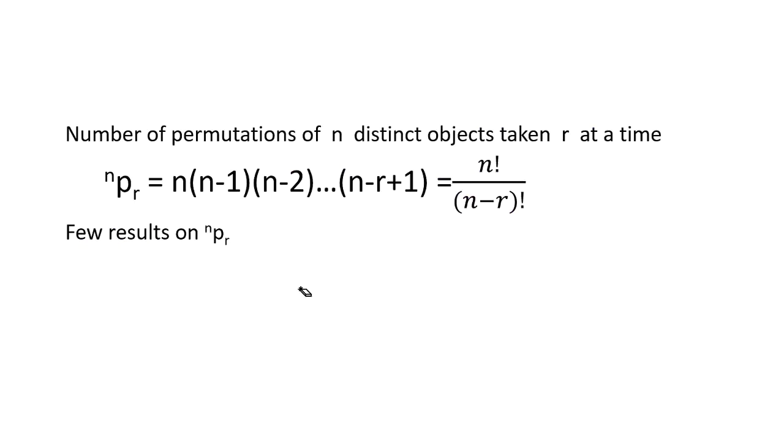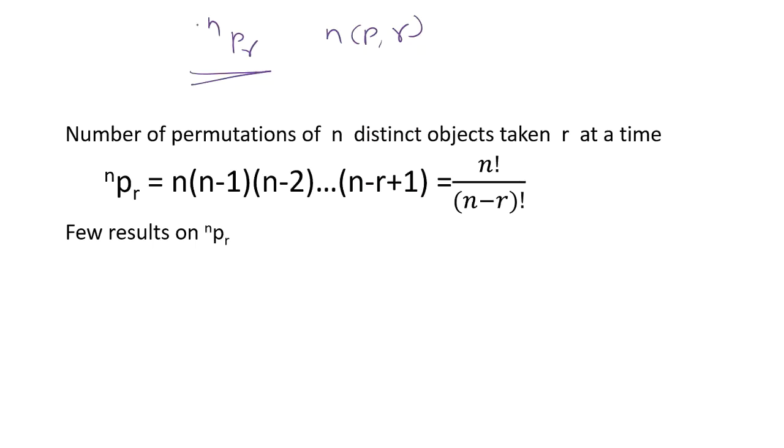And then we have seen a result to count the number of linear permutations of n distinct objects taken r at a time. In general, we denote the number of permutations of n distinct objects taken r at a time by nPr or P(n, r). But mostly we will be using the nPr notation.